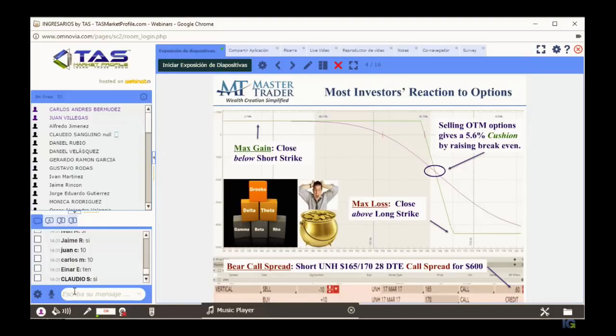All we're doing is making an opinion on a particular stock pattern that it will not rise over the 165 resistance area, and in return for that, $600 goes into our pocket. But we will now move forward with some actual examples. This slide was just to show you that at the end of the course, you will not be afraid of options anymore, and instead you will feel excited and empowered.